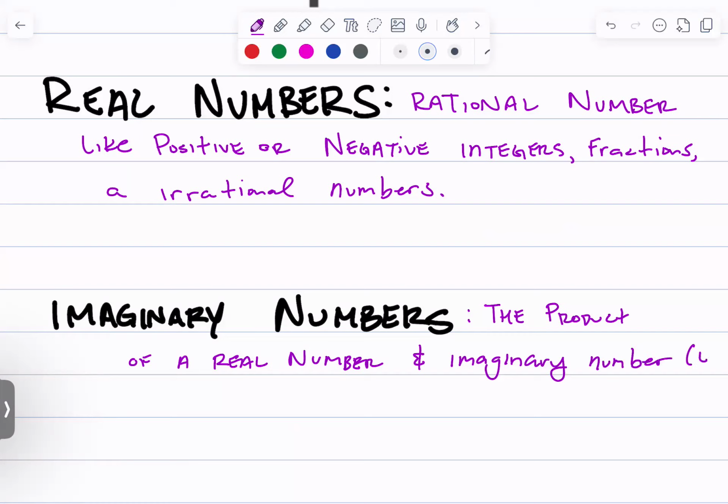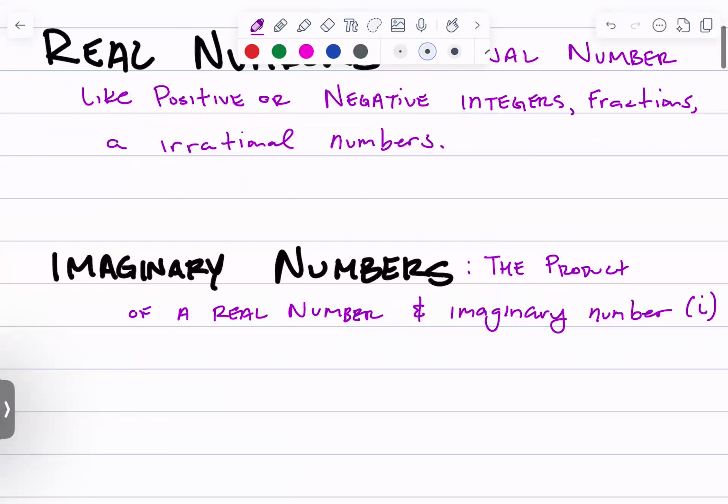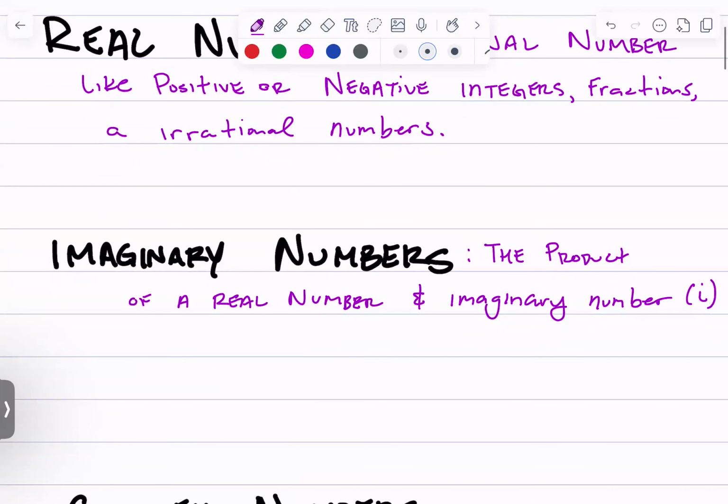Remember, it's represented as i. Okay, so anything that has a product of a real number and imaginary number, like negative 5i, like 1 over 3i, like i square root of 2, or even pi i is an imaginary number. Okay?